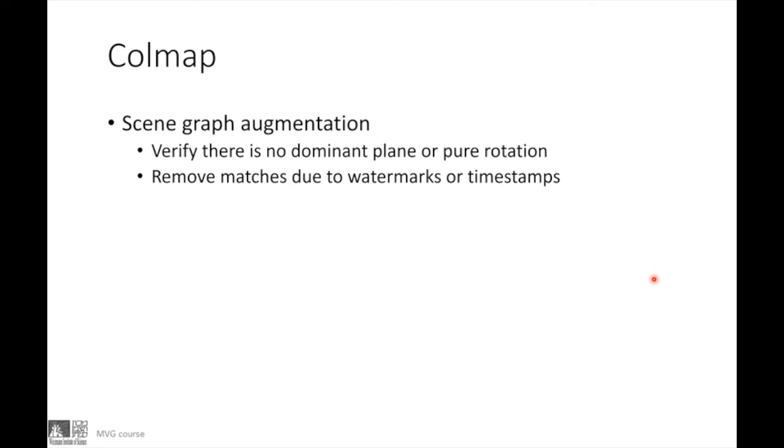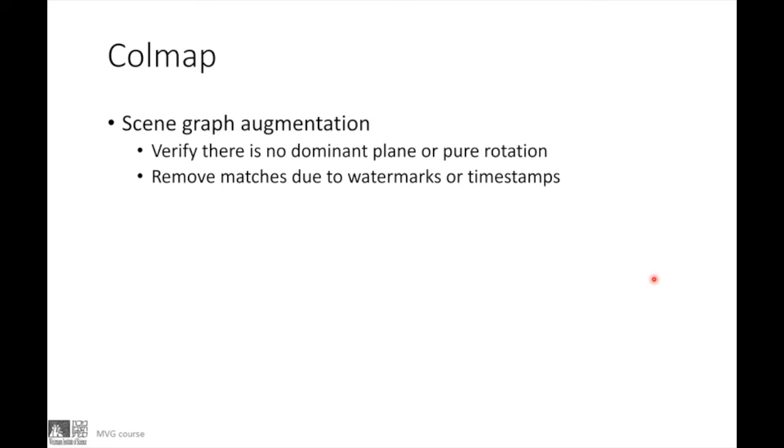The pipeline is the same pipeline that we presented so far, but there are many small things that are done on the way. So for example, there is a step that they call scene graph augmentation, where they try to verify that between pairs of images there is no dominant plane or a situation of pure rotation, so that every two views that you use will actually have some three-dimensional information between them.